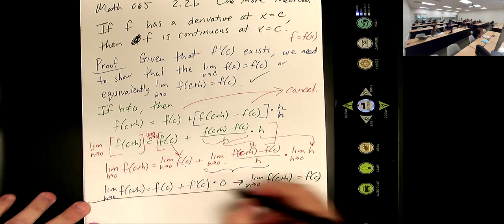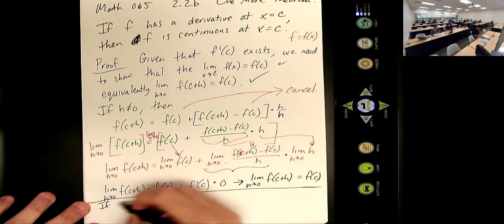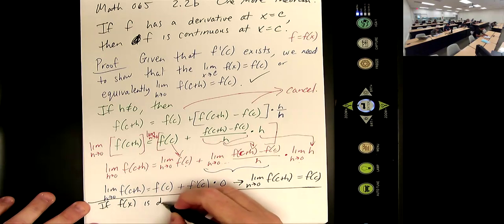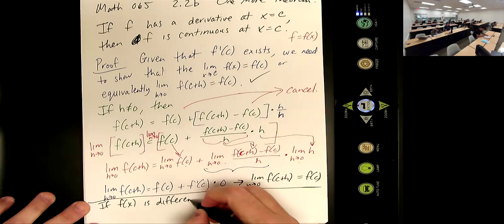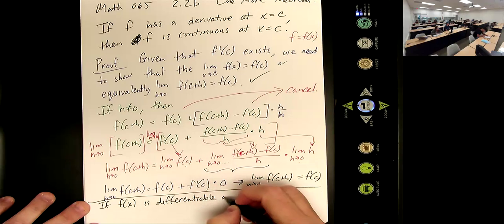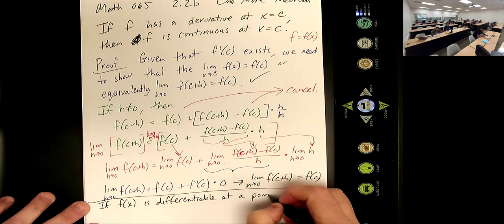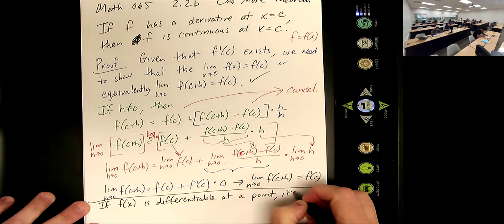So end result, if f is differentiable at a point, it's continuous there.